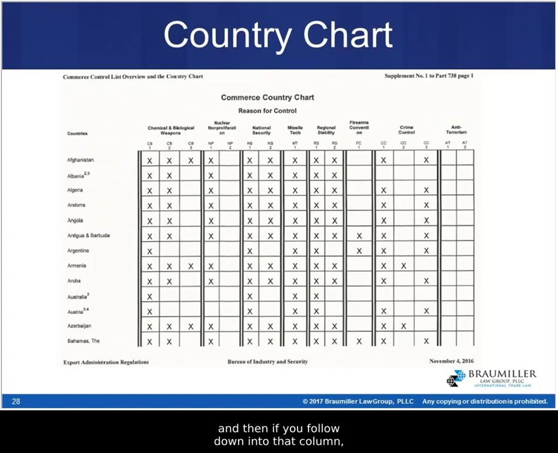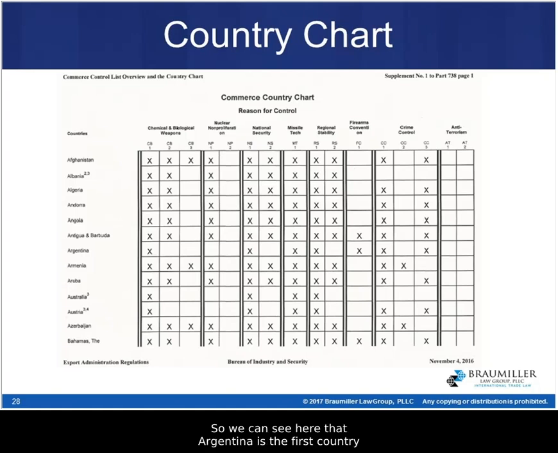And then if you follow down into that column, you'll see there's an X in most of the columns. That means that if you were exporting that product to any country that has an X in that box, then you need to obtain an export license, unless the item would meet a listed exception.